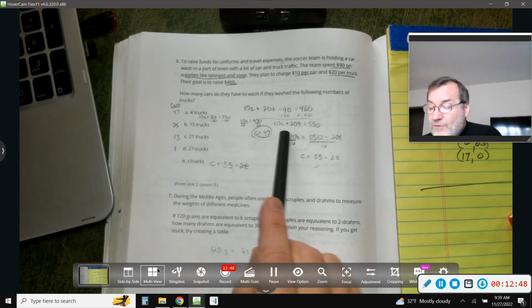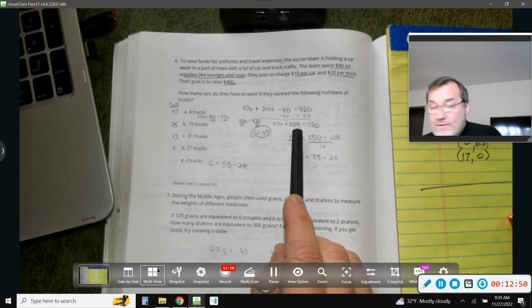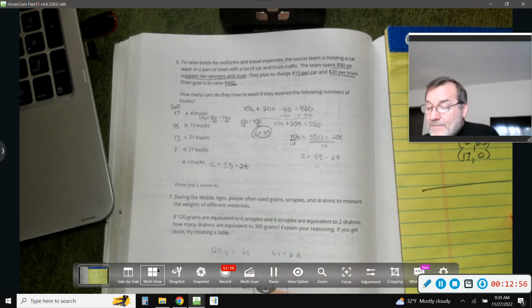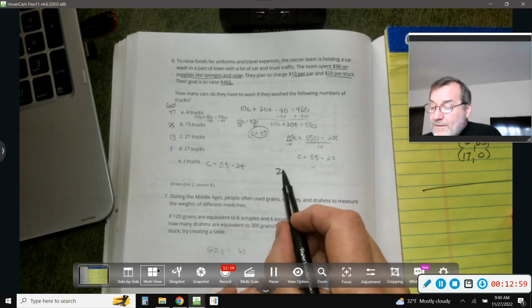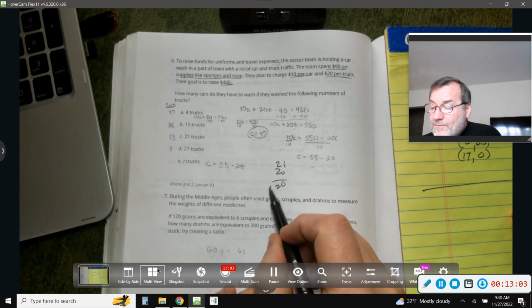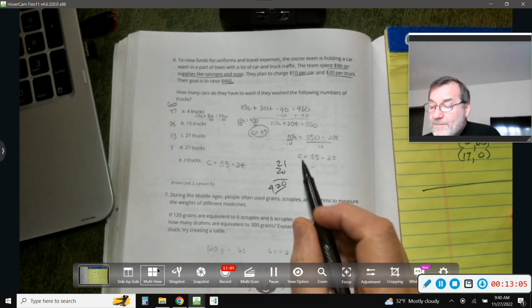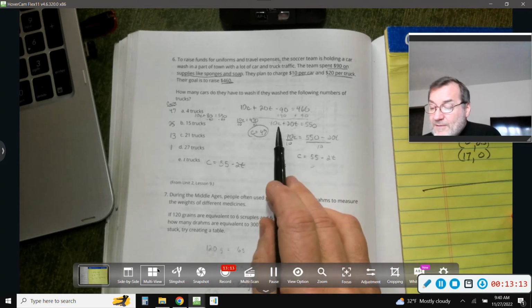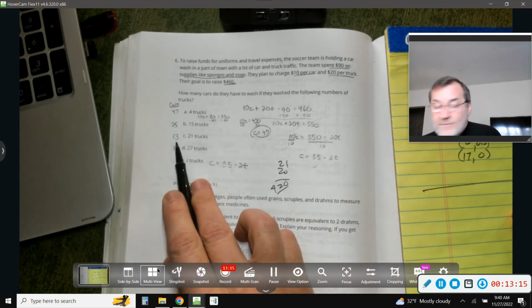For 21 trucks, 20 times 21 is going to be $420. Subtract that, and that's $130 left over. So 10 times 13 will give you that. So there's your answer for 13.